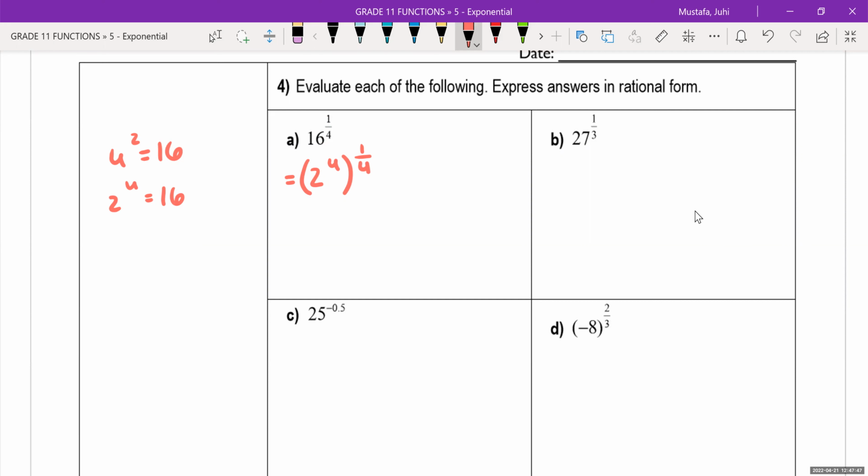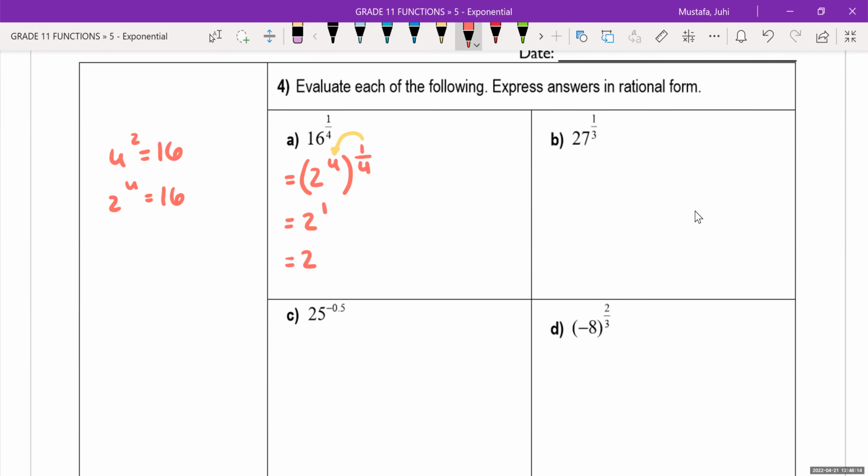Now, according to my rules of a power, I am going to go ahead and multiply 4 times a quarter. What is 4 times a quarter? It's just 2 to the power of 1. And that's why if you very strategically pick a power to replace your base with, you can actually make the entire fraction disappear, and the question becomes really easy. The answer is just a 2.